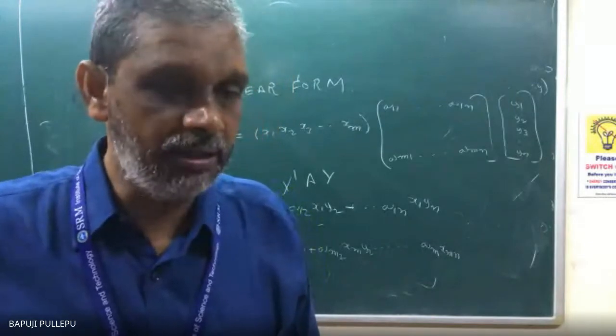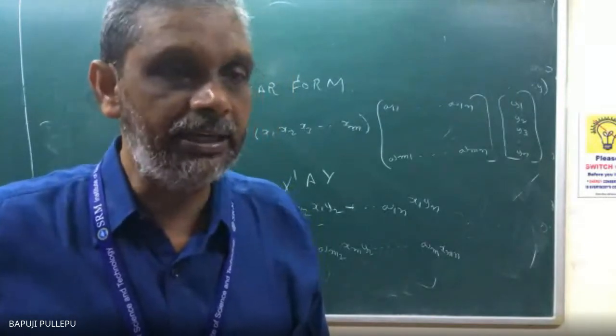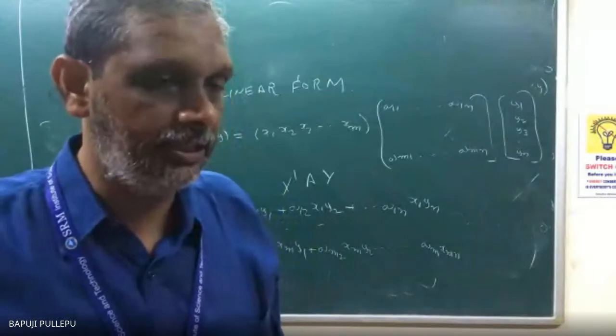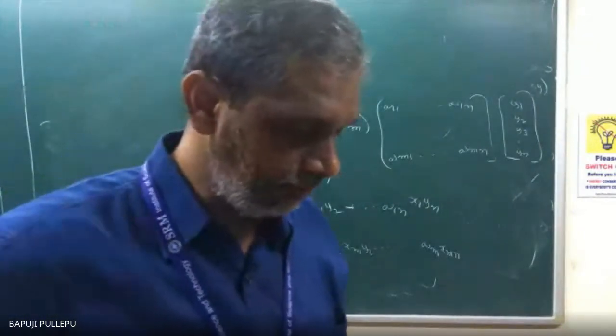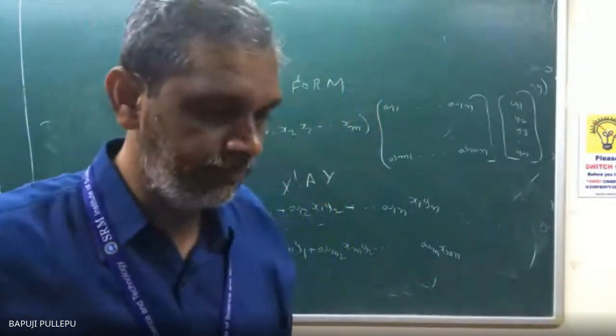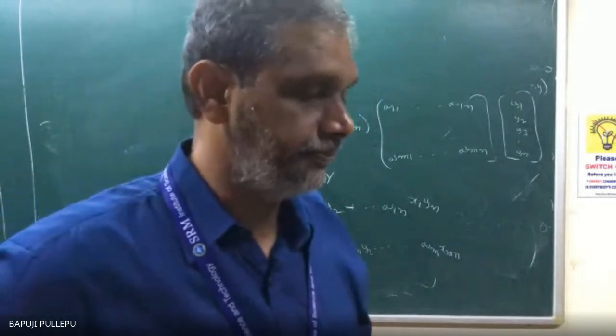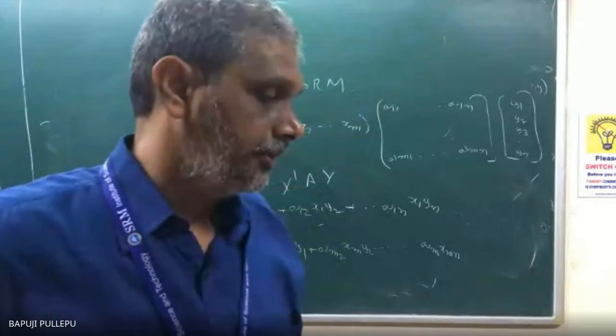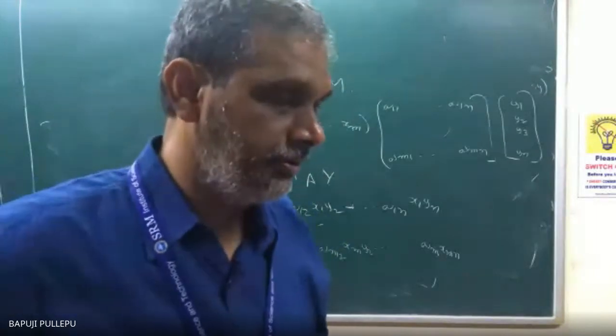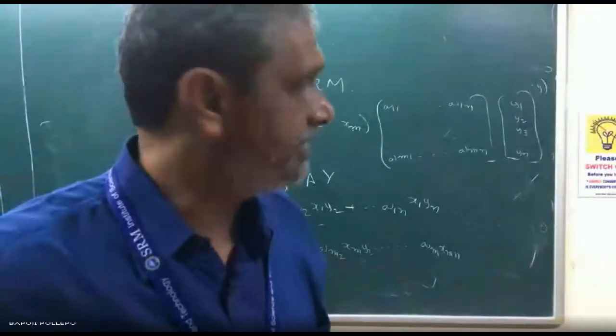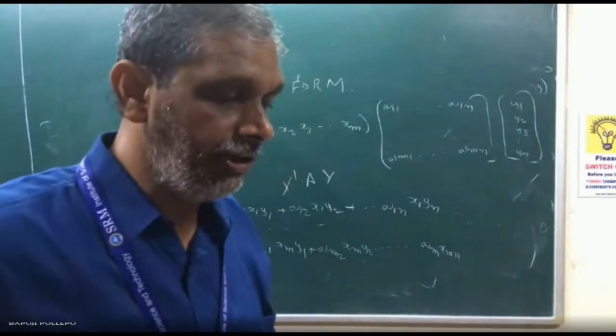You have to write the orthogonal form, you have to write the canonical form. From the quadratic form you have to find the canonical form. 2-3 topics are there. I will tell you when it becomes the last. This is not the last topic, this is a new topic. We are writing the form: bilinear form and quadratic form.